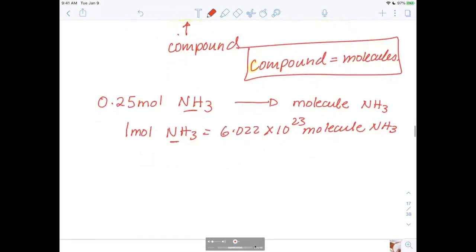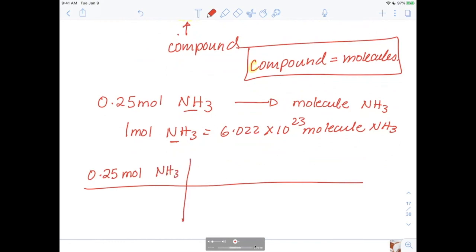So in my conversions, I will write here 0.25 mol of NH3. Then down here, I have 1 mole of NH3, and up here I have 6.022 times 10 power 23 molecules. Okay, you're probably wondering what I just did.